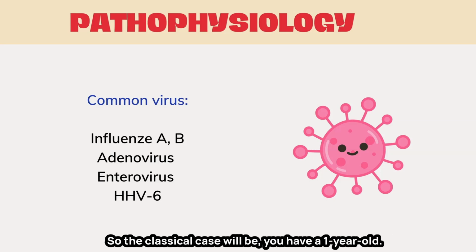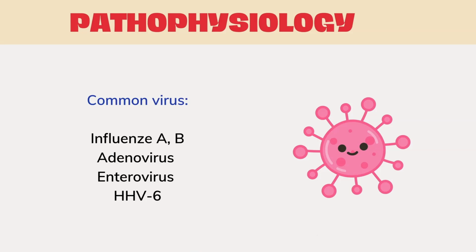So the classical case will be a 1-year-old child who has the fever without obvious cause, but somehow a few days later, the fever has come down, and then the rash comes up. That is roseola. And during the roseola infection, they can have the febrile seizure.